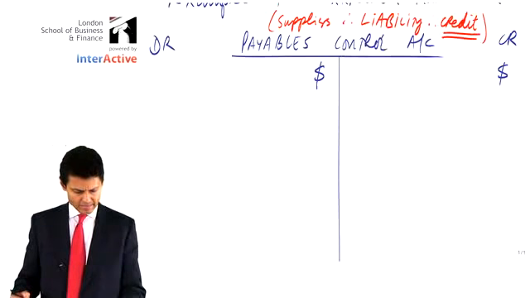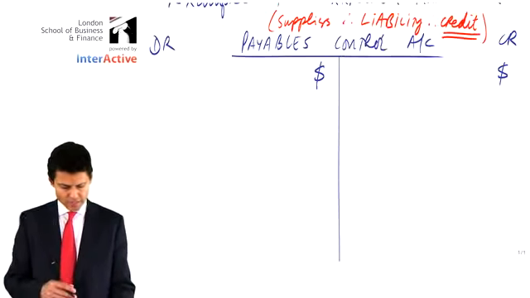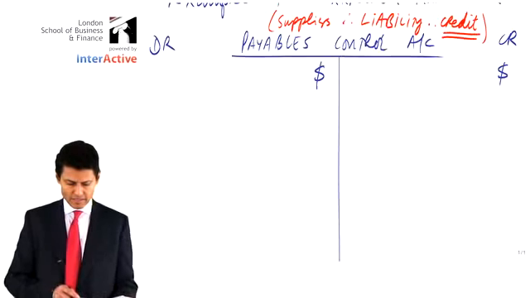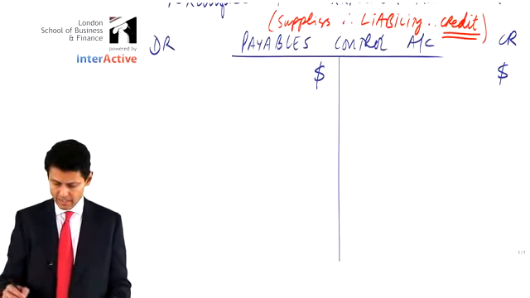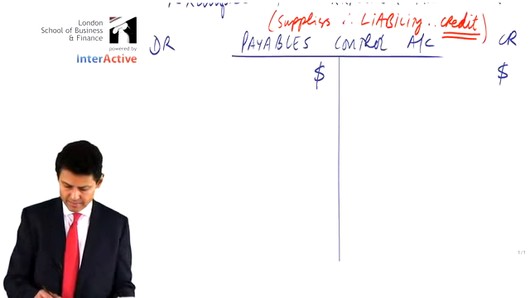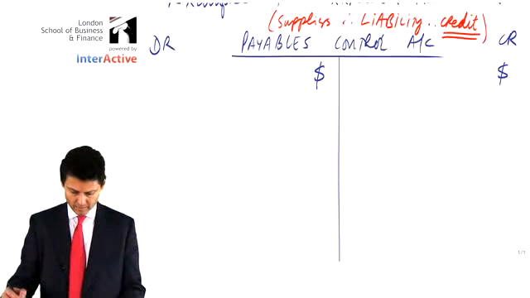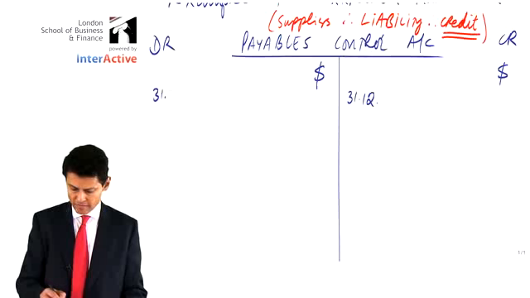It says there the payables control account is 22,550. So I suppose I better put that onto the credit side. The year end is December 2007, so let's say 31st of December, on this side as well, 31st of December.